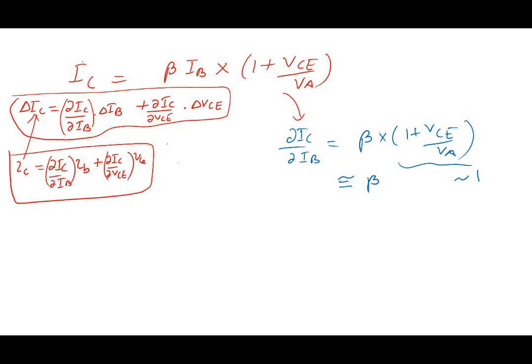We are building a simple model here, and we saw the usefulness of a simple model. So we'll keep that as beta. Next we do del IC by del VCE. What do we get? Beta IB by VA.